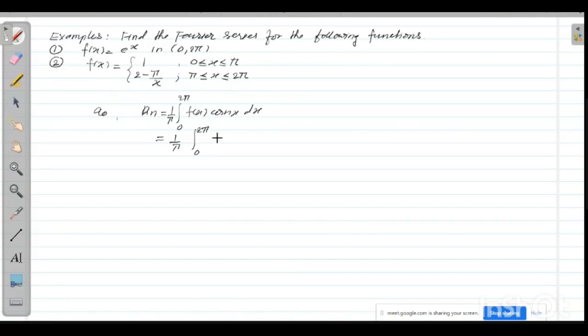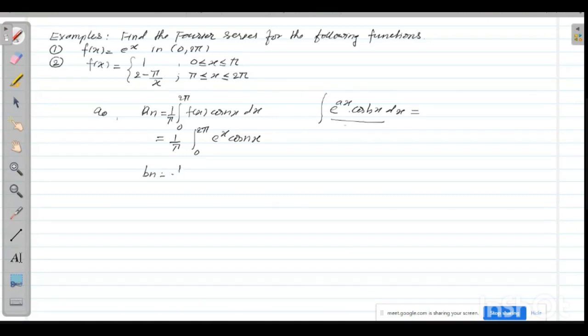Here f of x is e raised to x, so you use the standard formula of e raised to ax into cos bx dx. I already wrote the formula in the last lecture. Similarly you can obtain bn.